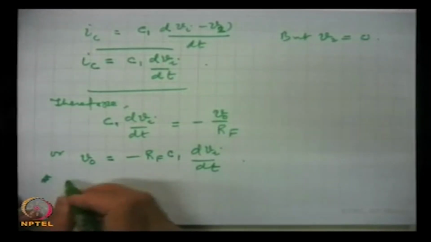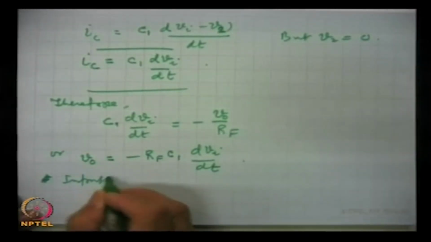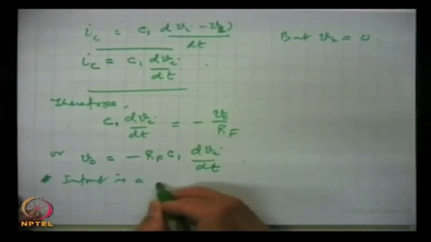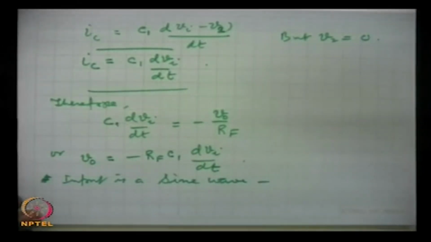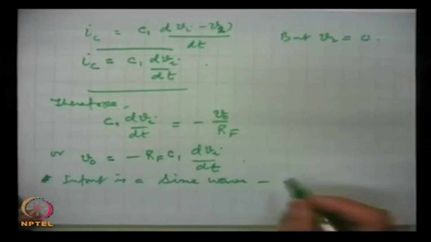So, let us take two cases. When input is a sine wave, output will appear as cosine.